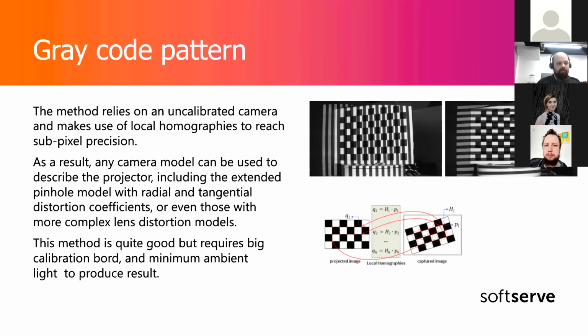The recommendation is to use at least 5 poses, and for each pose we need to take 12 images with vertical and horizontal gray code patterns. So it's quite a hefty amount of images to be taken, and it of course will take quite some time if, for example, the camera has a very big resolution, as we had with our DSLR.